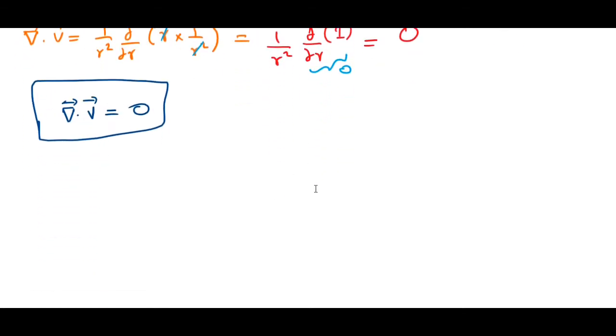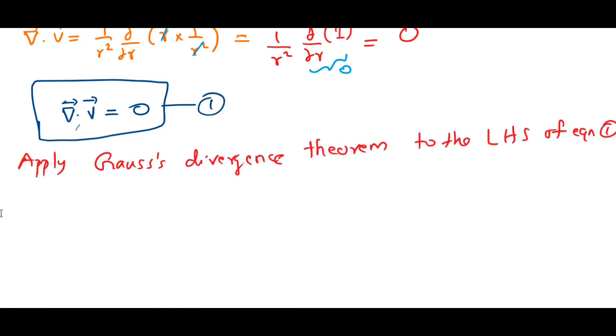Let me call this equation 1. Then we apply Gauss's divergence theorem to the LHS of this equation, to see why this vector function has zero divergence.